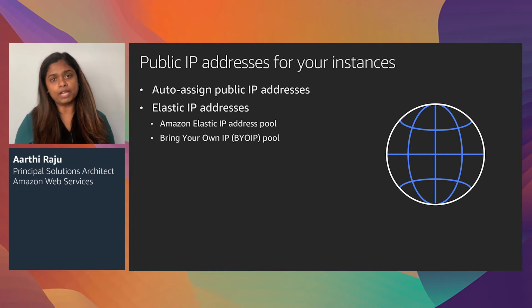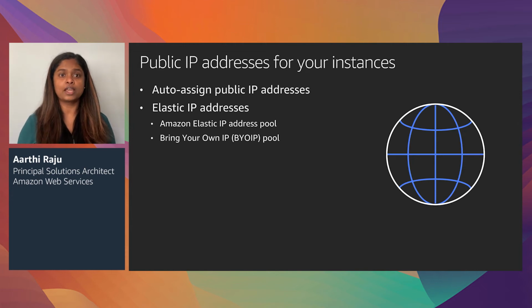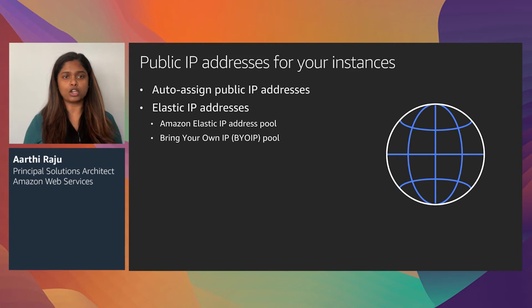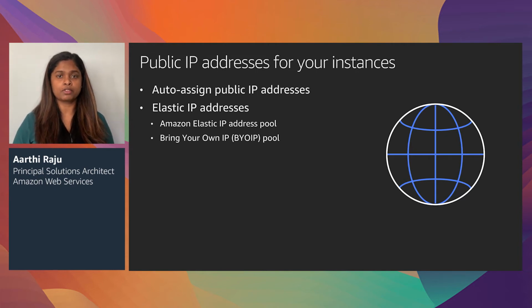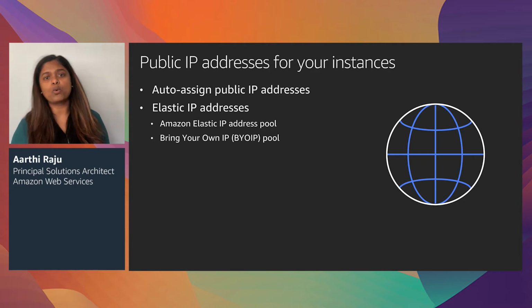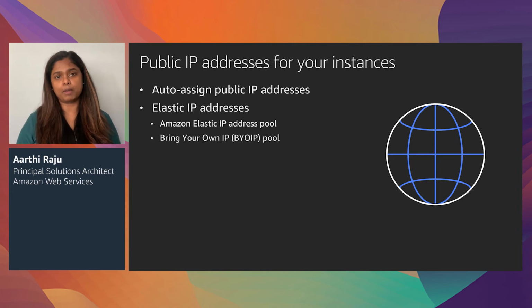This could be a public IP address from Amazon's pool. When you launch an instance, you can select auto-assign public IP address, and this allows Amazon to automatically assign a public IP address. You could also use something called an elastic IP address. A common question that we get is, what's the difference between the auto-assigned public IP address versus the elastic IP address?